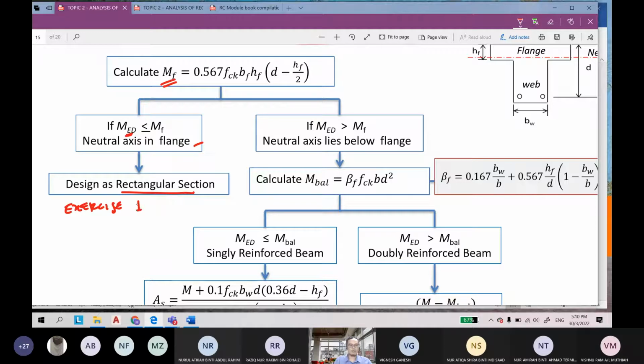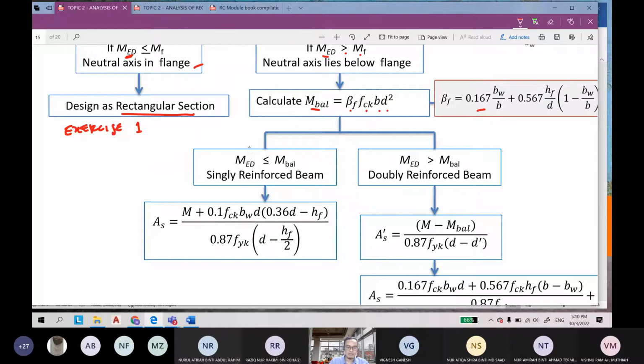If the design moment is greater than MF, the neutral axis lies below the flange, and we calculate M balance using this equation, beta F times FCK times B times D squared. The beta F can be calculated by these equations.